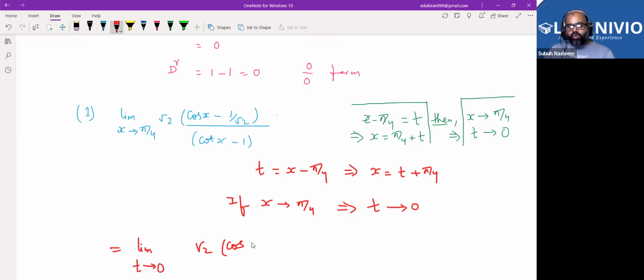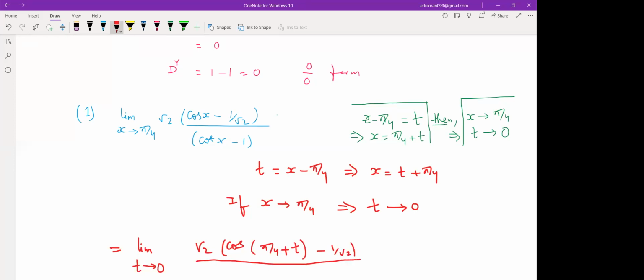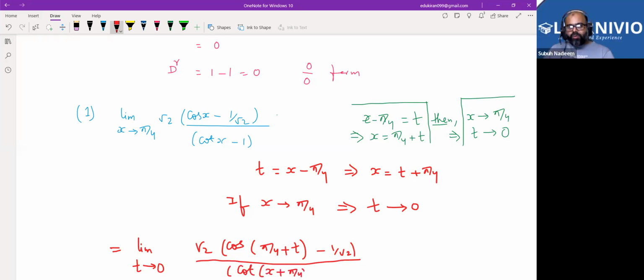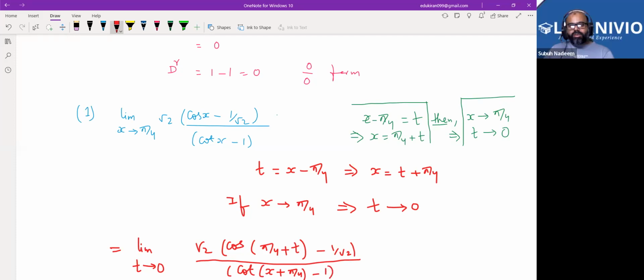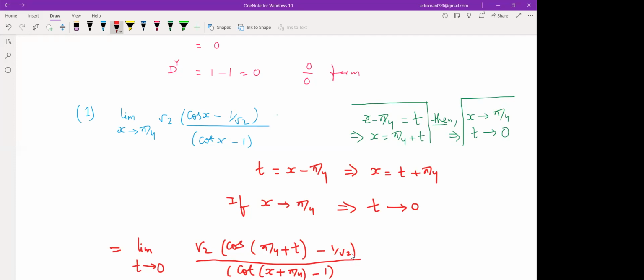So root 2 cos of x, that is pi by 4 plus t, minus 1 by root 2. Sir, the difference between x and pi by 4 will be near to 0, approximately 0. Yes.